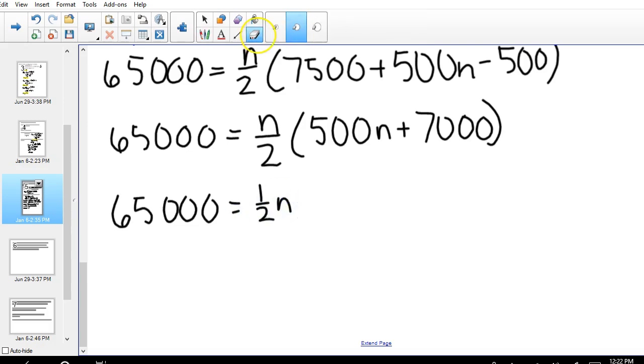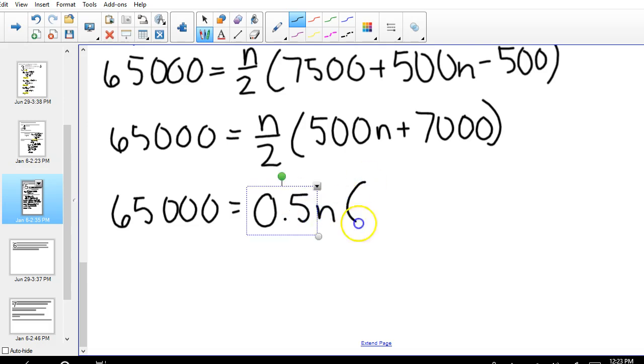Or actually, since any of this is going to be calculator active, 1/2 n is like 0.5n, right? And then 500n plus 7,000. What would you guys do with it looking like that? You could divide by 0.5.